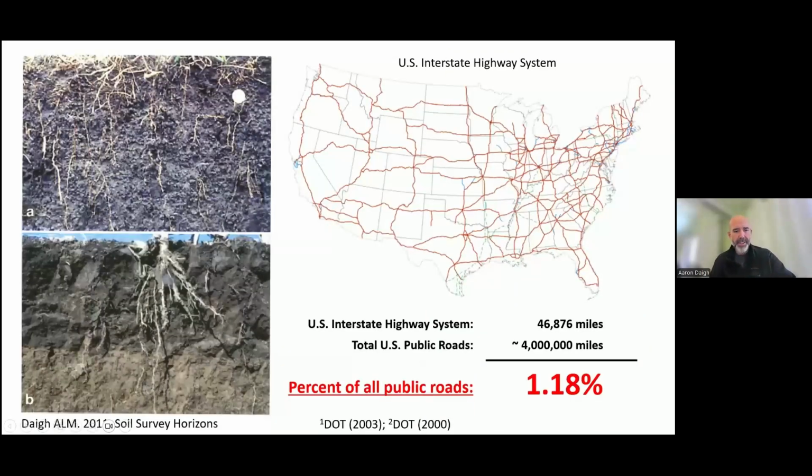I'll just give a little anecdote here, an analogy. I'm a soil physicist and hydrologist, so water flow is one of the big things that I pay attention to. But you can look at this in comparison to the highway system here in the US. Highways have so many miles, but among all the public roads, they account for only a little over 1% of all the public miles out there.